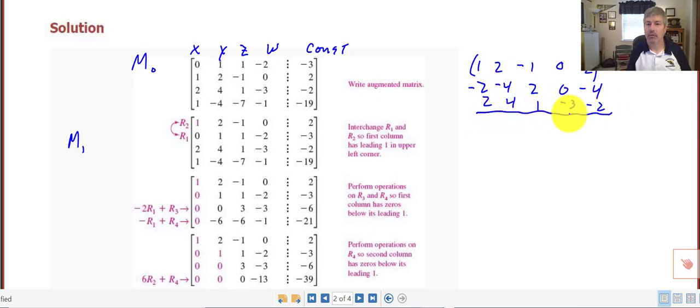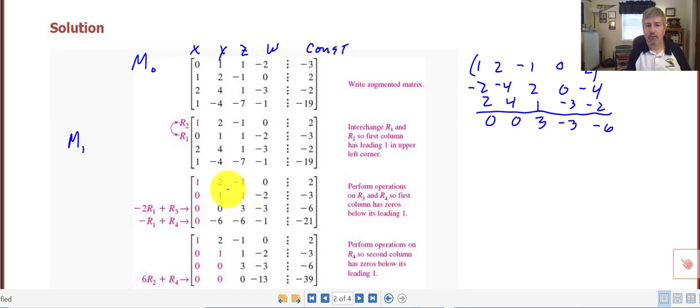When I add those together, my new row becomes 0, 0, 3, -3, and -6. So I perform that operation, -2R1 plus R3, and it creates this new row. We're in pretty good shape here. We may recognize a common factor of 3 here. We'll deal with that in just a few minutes.